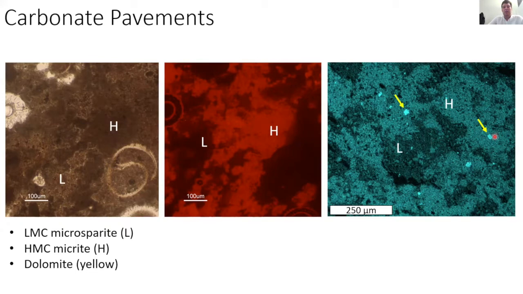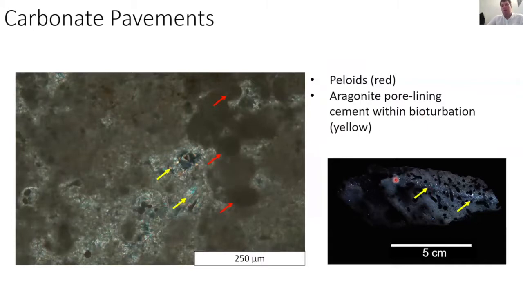And within this micrite, we can find small dolomite crystals, which are non-stoichiometric. And within one band of those carbonate pavements, we could also find some peloids around.